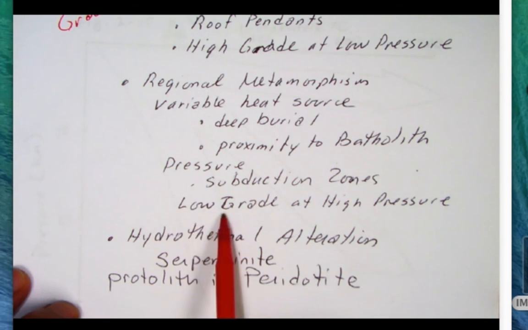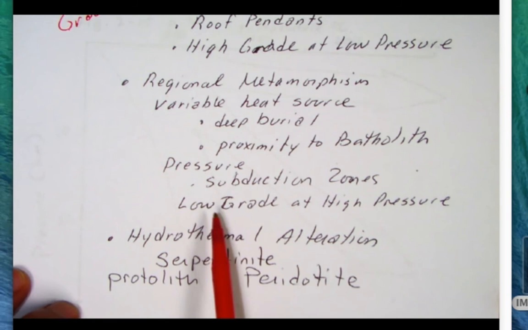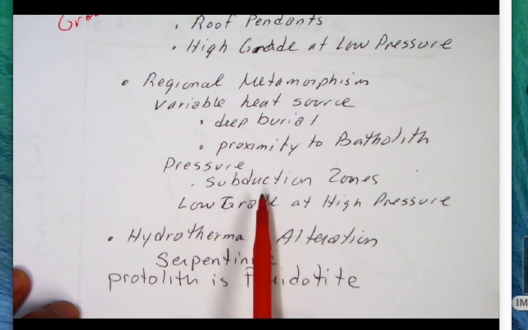Note that there's low grade because the rock is cold, the oceanic lithosphere is cold, and it's being pushed into the mantle. So you're getting high pressures at a relatively low temperature, low grade. And so our California coast ranges have a lot of rocks that have experienced this type of metamorphism.